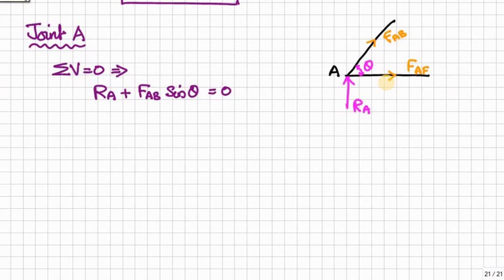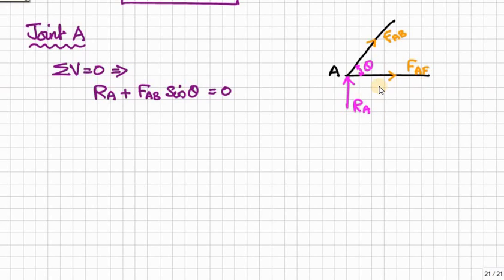Initially we don't know the type of force in the member, therefore we always assume all positive, because tension force is considered positive. That's why we assume initially all member forces are tension. Later on, if you get a negative answer, that indicates that the member force is actually compressive, not tension.